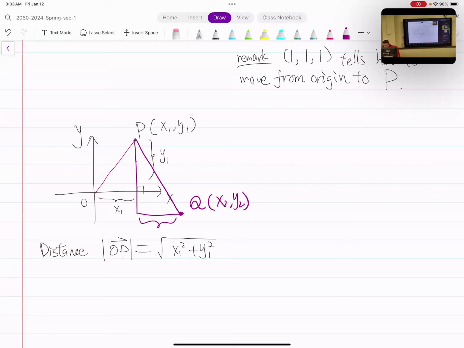And this edge is going to be represented by the difference between the y coordinates, right? So essentially, the formula is going to be really similar to the above. It's going to be the square root of x1 minus x2 squared plus y1 minus y2 squared.